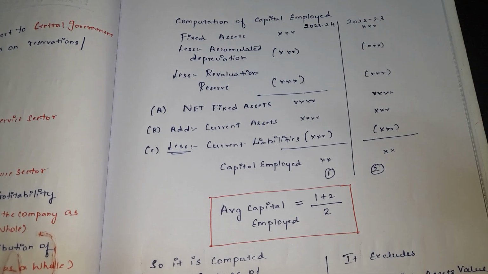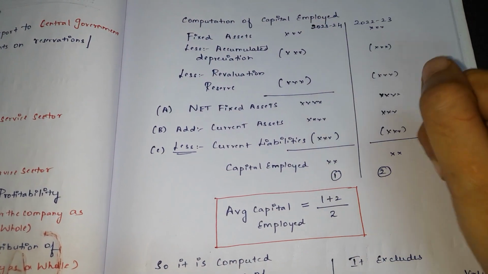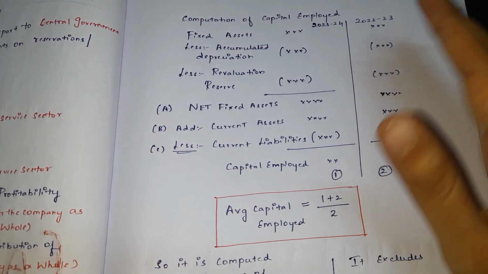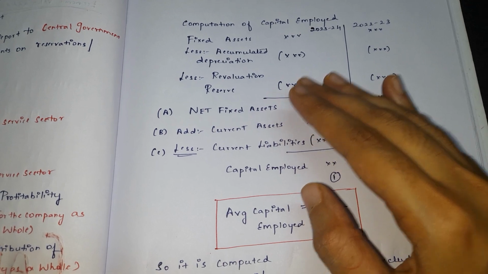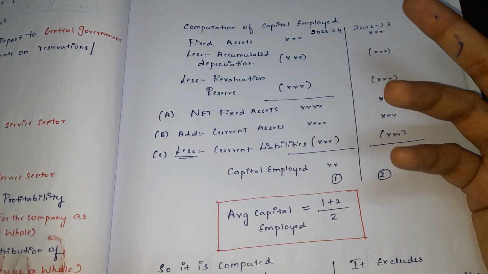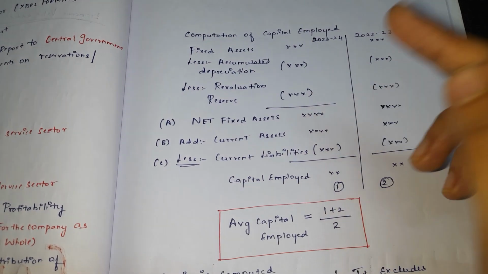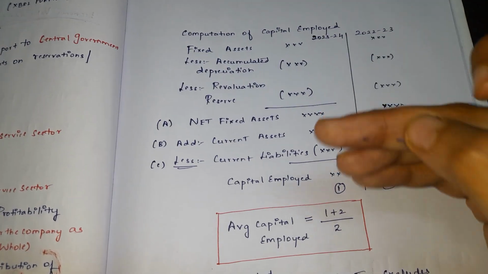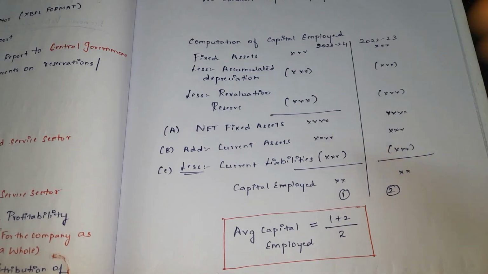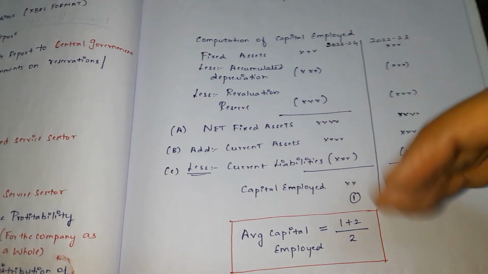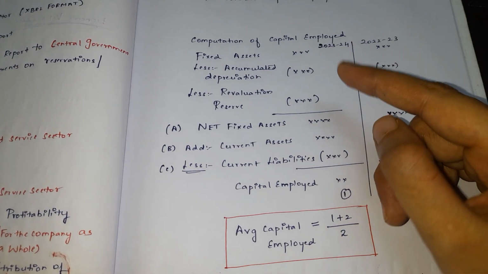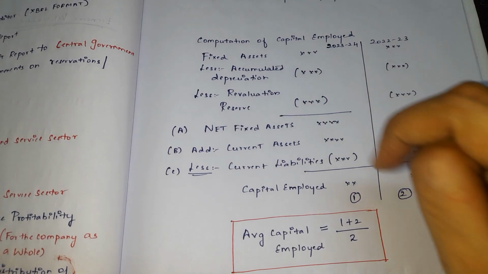Such money is not utilized in my business, so such current investment is not included. But a non-current investment like a security deposit is not invested into my business, yet it facilitates smooth running of the business. Only by depositing such money can I run my business. So this kind of non-current investment, I can include.